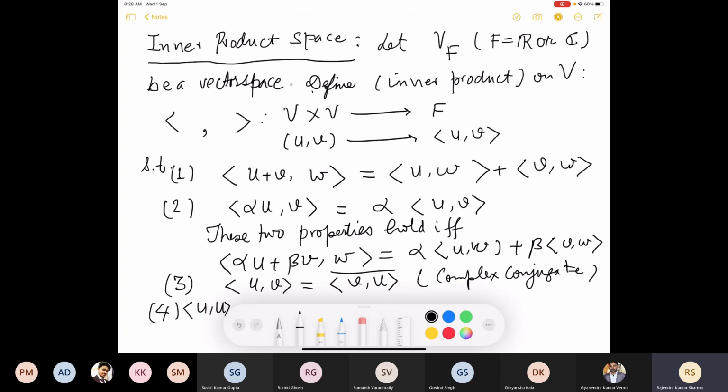And this is 0 if and only if u is 0. So these are the four properties that we see.